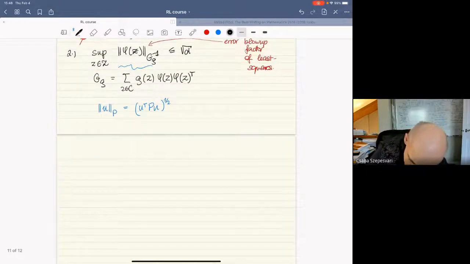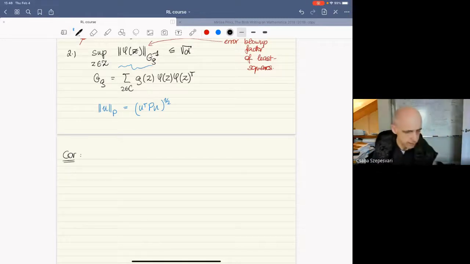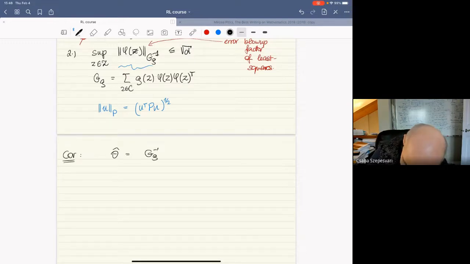Okay. So the immediate corollary of this theorem is the following. If we indeed run least squares, so we take theta hat to be G of rho inverse times... and you recall how least squares looks like. You're taking measurements over these sets C, and we're going to run weighted least squares where rho gives the weighting.